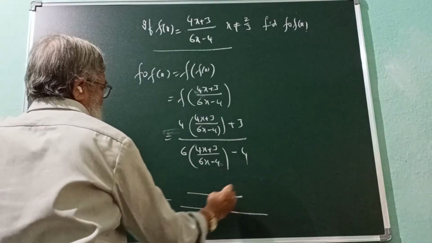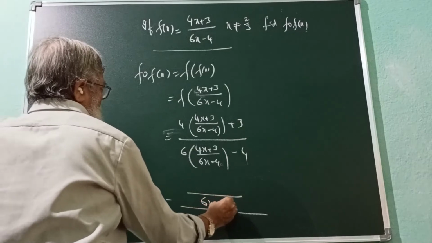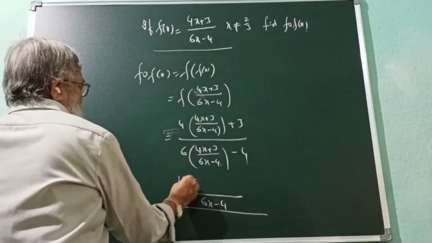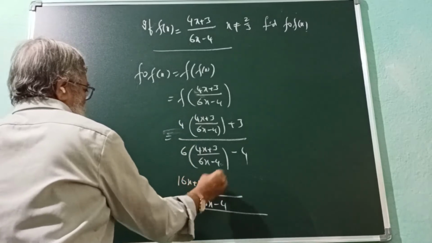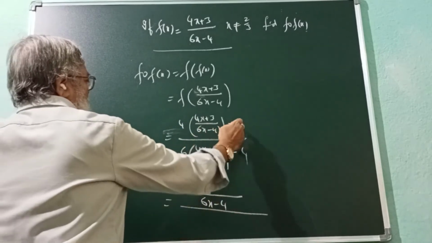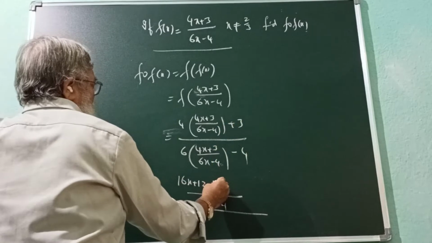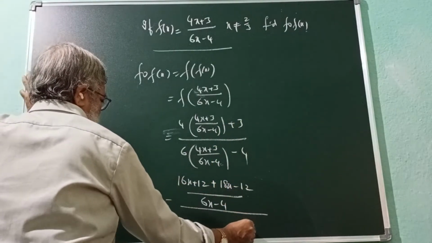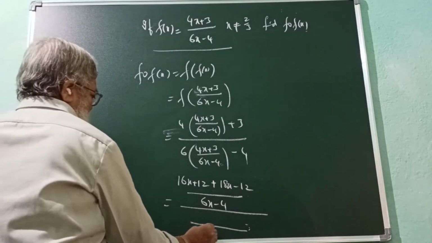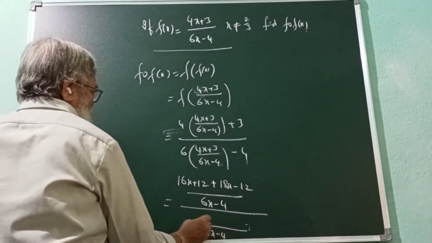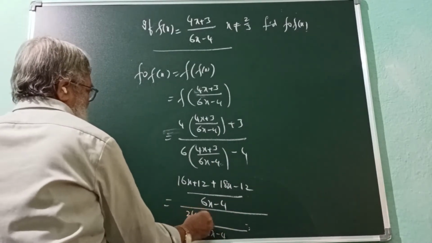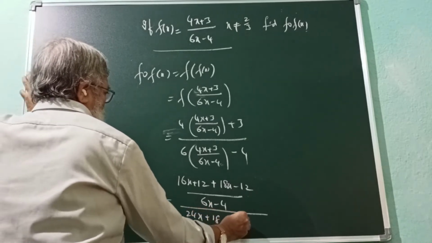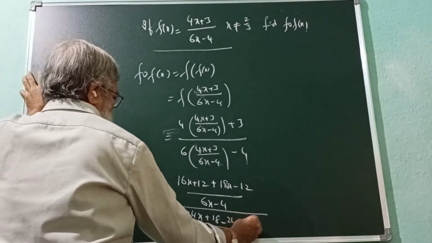So here 6x - 4 is the LCM, multiply: 16x + 12 plus 3 times (6x - 4), which is 18x - 12, divided by, here also we take LCM 6x - 4: 24x + 18 minus 24x, minus of minus plus, it is 16.